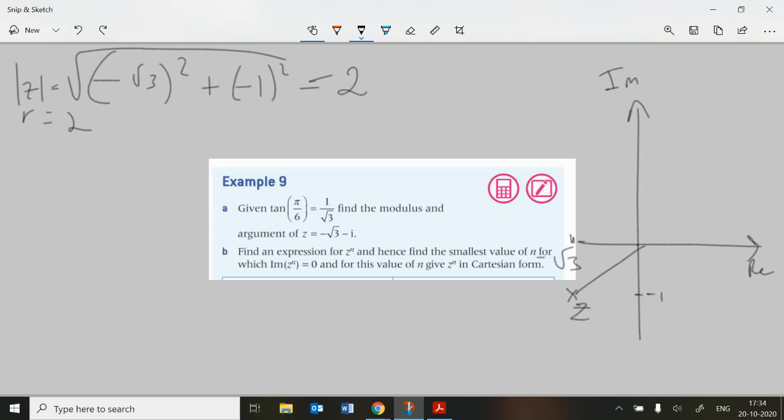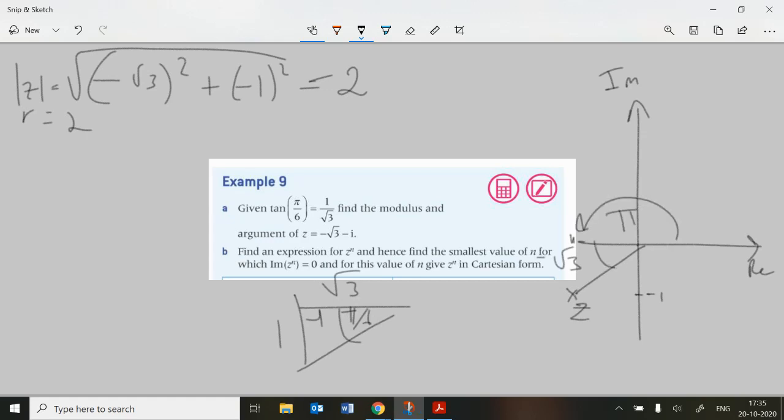Given that we know tan of pi over 6 is 1 over the square root of 3, if we draw this triangle out like this, we've got a length of 1 here, a length of the square root of 3 here. So this is going to be pi over 6, opposite over adjacent there. So it must be this angle here being pi over 6. And we need to add that on top of pi.